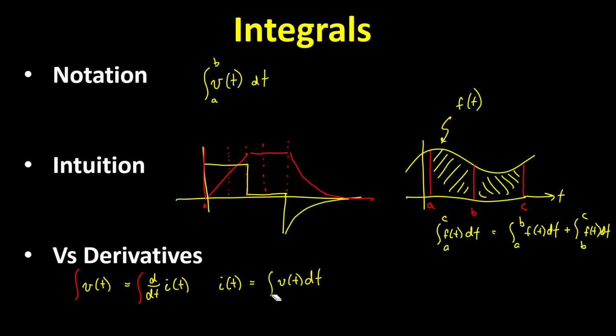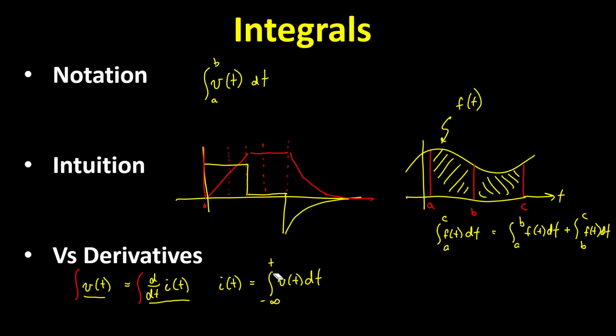Because what are we missing on these integral signs? We're missing the limits. So what are the limits of this? We didn't need to have limits when we were talking about the derivatives. But when talking about the integral, we do. And the integral that we need is from minus infinity up to wherever you want your time to be.